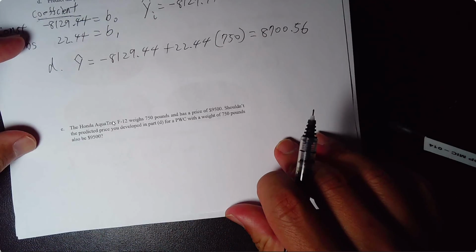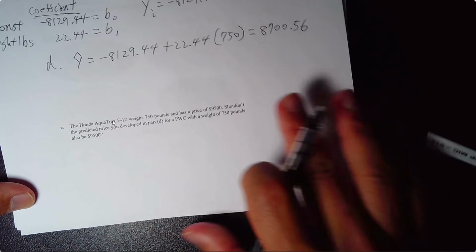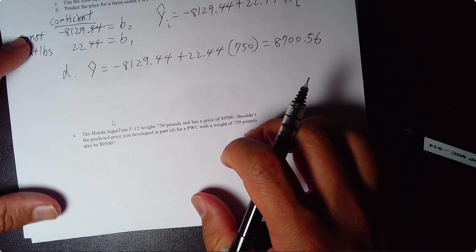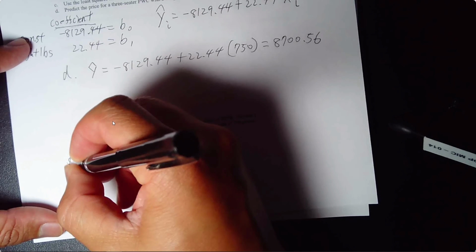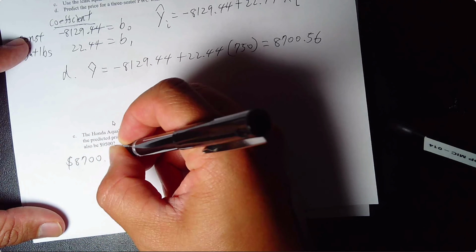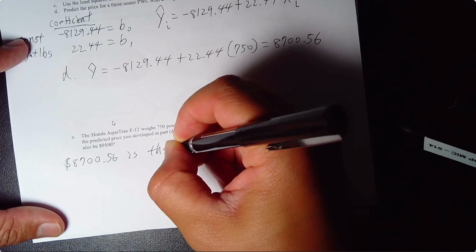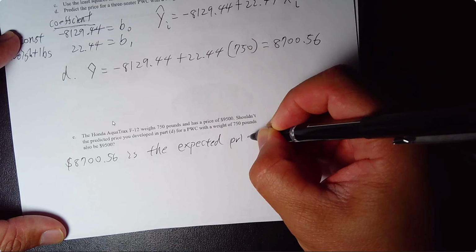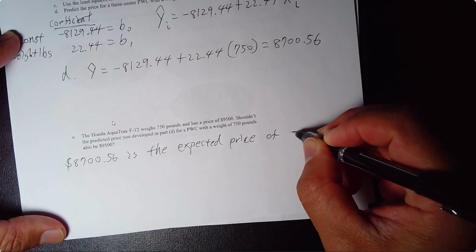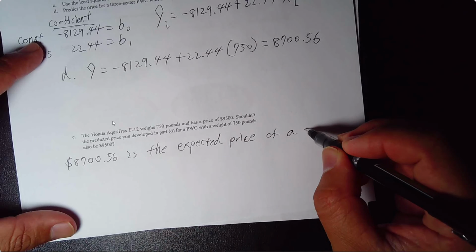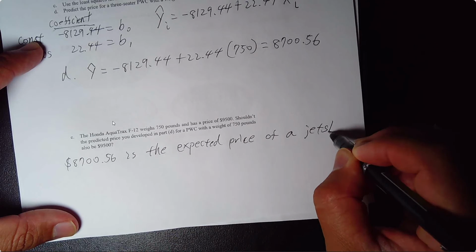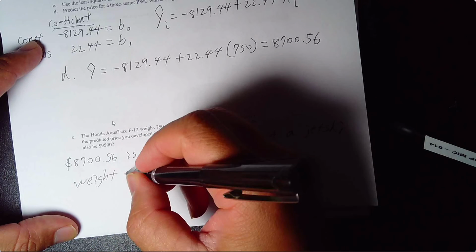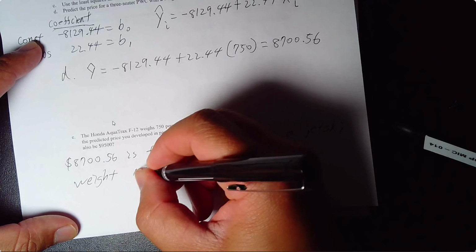There's nothing wrong here, because what we estimated is the expected price. The $8,700.56 is the expected price of a jet ski that weighs 750 pounds.